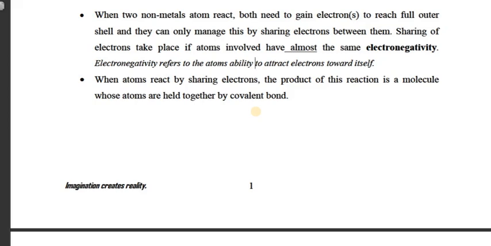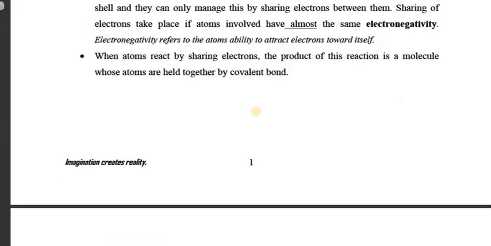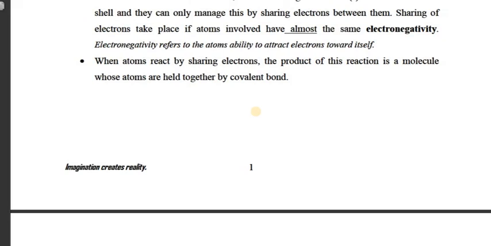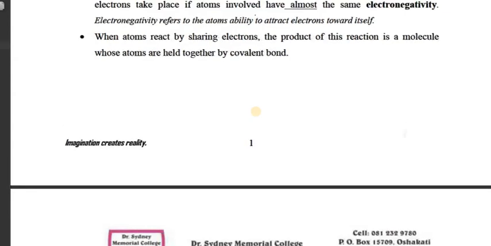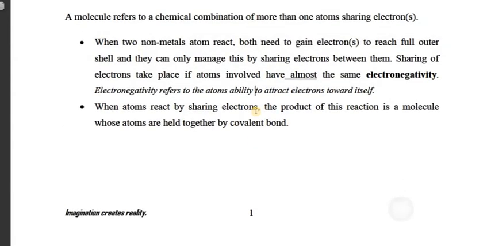You should see their outer shells overlapping. There's an electron from the first hydrogen and an electron from the other hydrogen, and they're being pulled towards each of the positive centers, and that is how the bond is formed. That's where electronegativity comes in, an atom's ability to attract electrons towards itself.